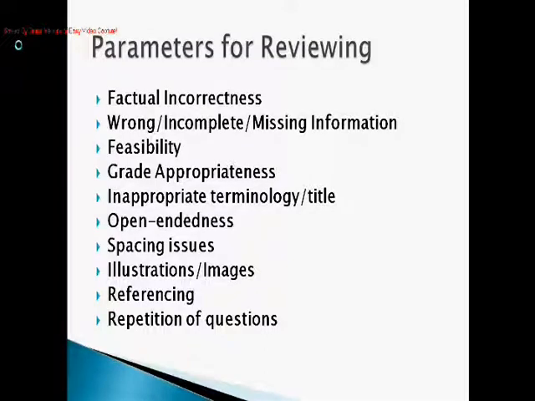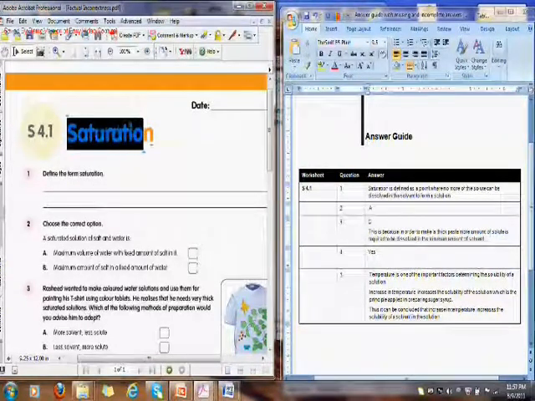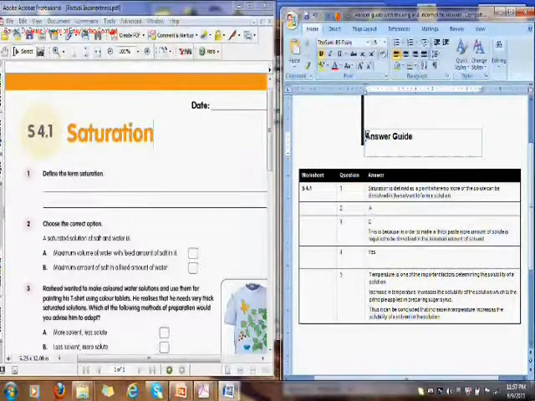examples. Factual incorrectness. Answers to each question must be matched with the answer guide. Here you can see a worksheet and its corresponding answer guide. So let's read the questions that are there in the worksheet and their corresponding answers.